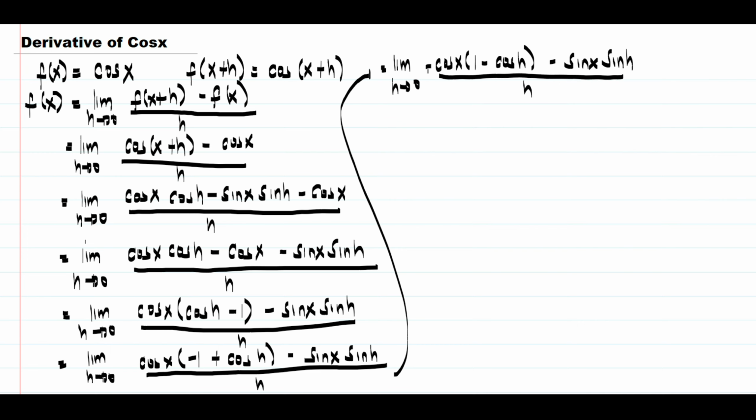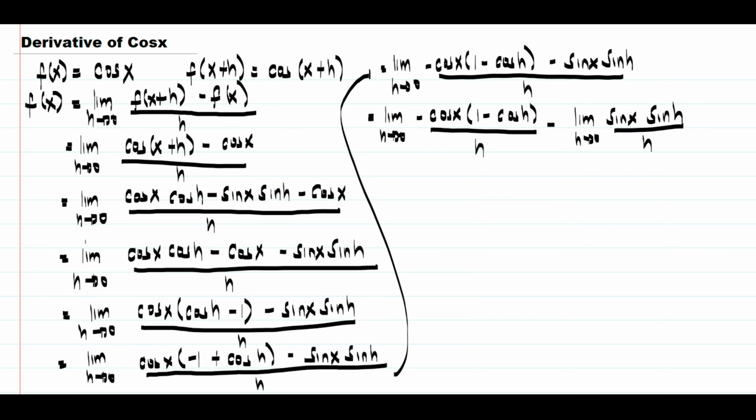As you can see, negative times 1 is negative 1, and negative times negative is positive. Therefore, let us separate the denominator. Let us have the limit as h approaches 0 of negative cosine x times the quantity 1 minus cosine h all over h, minus the limit as h approaches 0 of sine x sine h all over h.